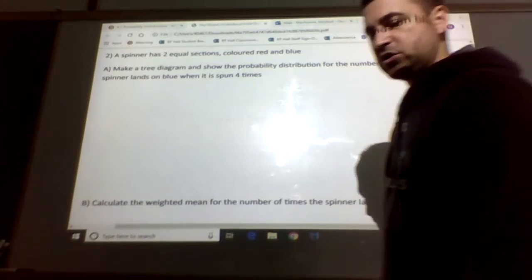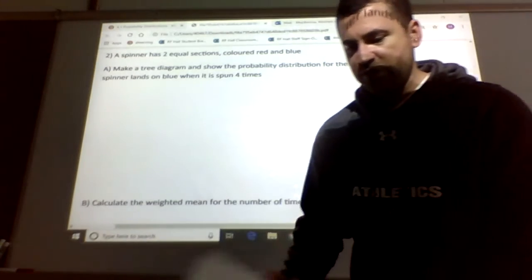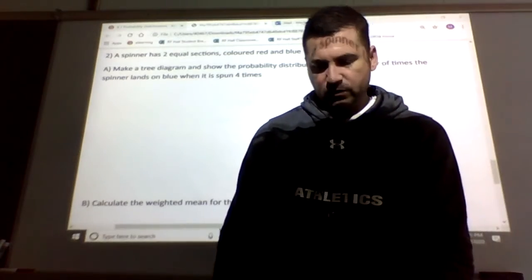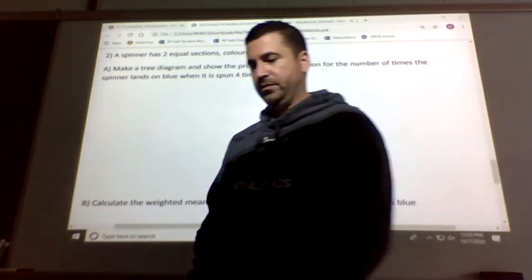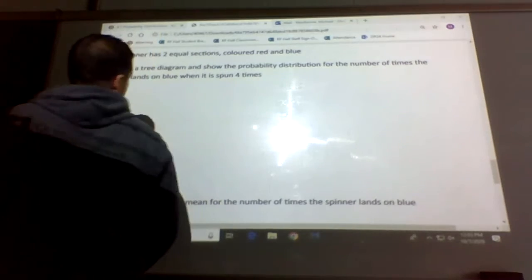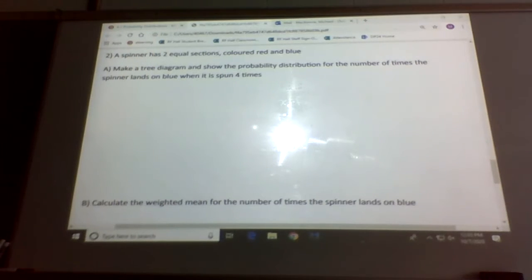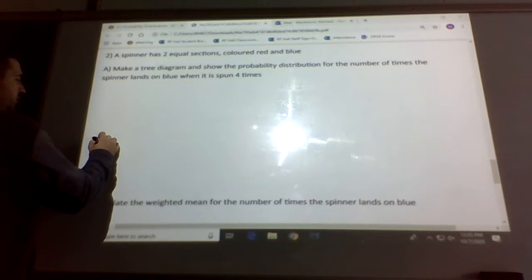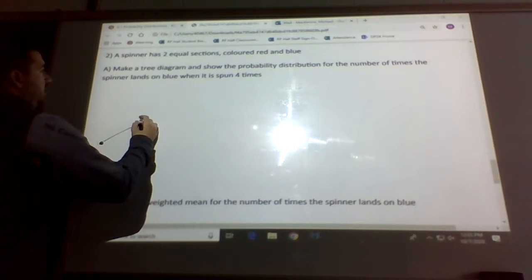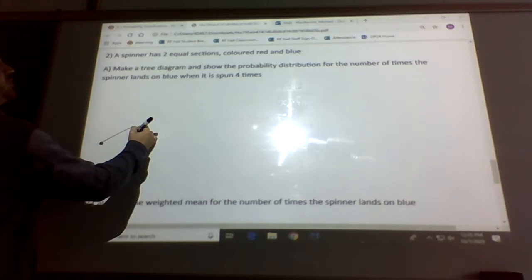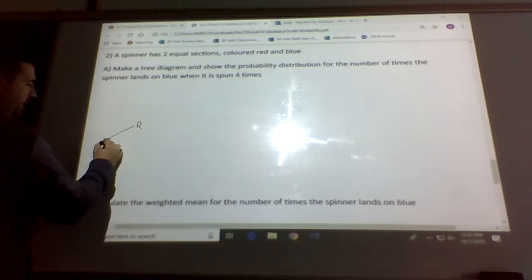So there are 2 parts to this question. The first part is to make a tree diagram. We're going to do the outcomes when it's spun 4 times. So we start at a dot, we spin it once, we get a red or we get a blue.